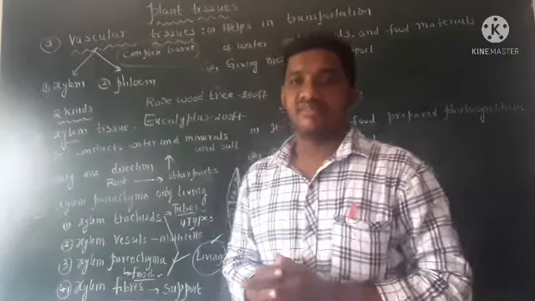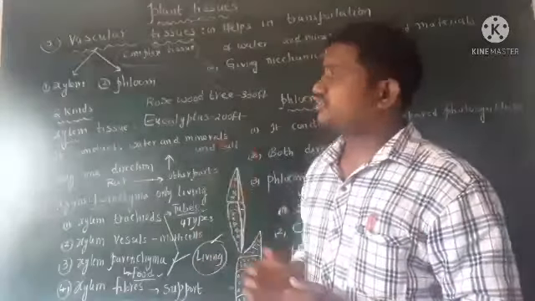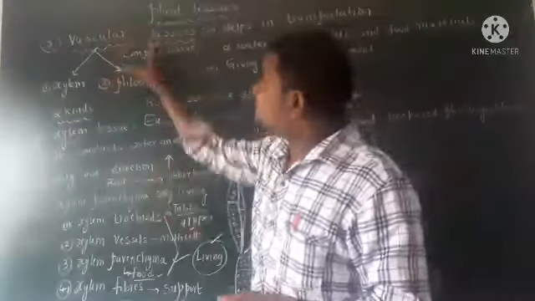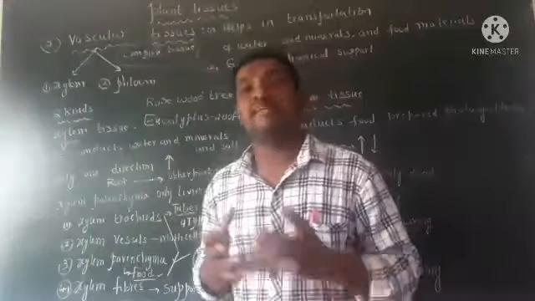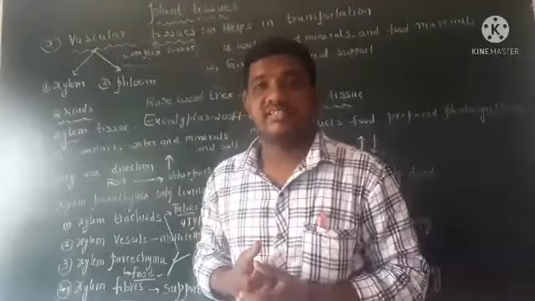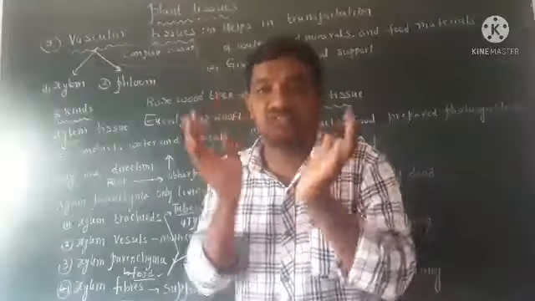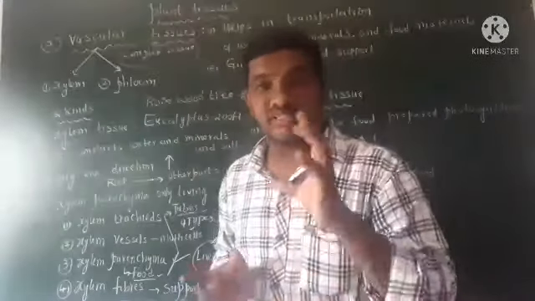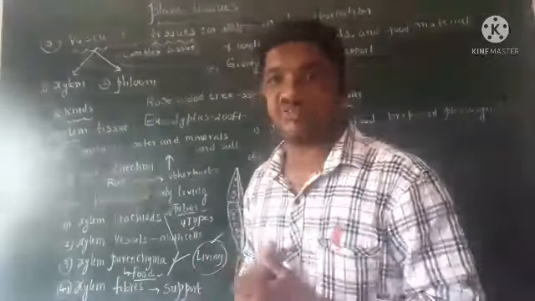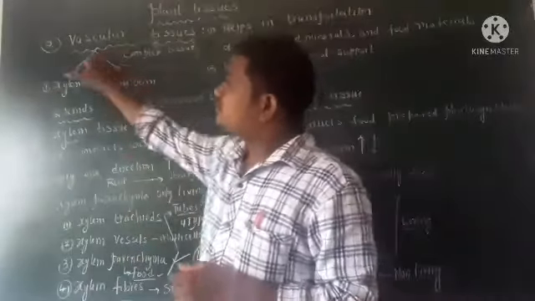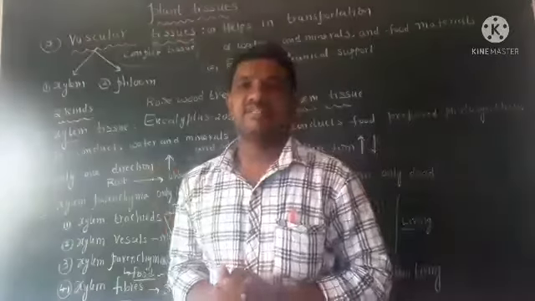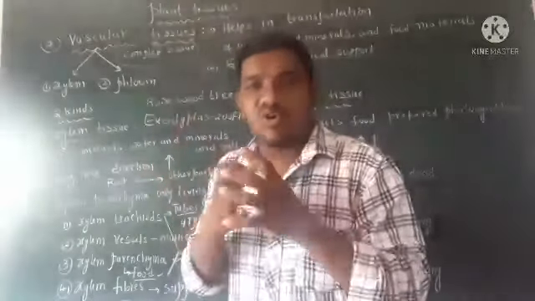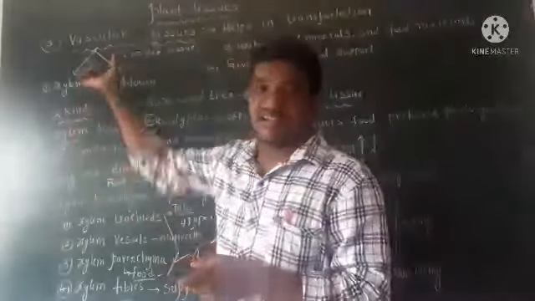Okay. Coming to vascular tissues. Vascular tissues are complex tissues. Complex tissues means they consist of complex structure. So these are called complex tissues. They consist of xylem and phloem tissues. Xylem and phloem together are called vascular tissues.